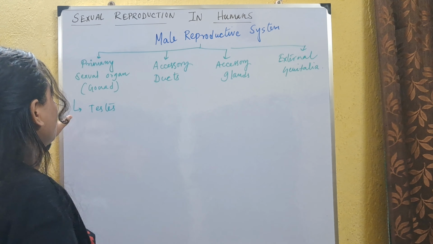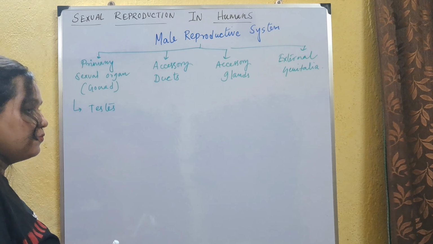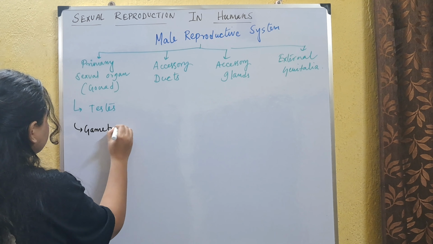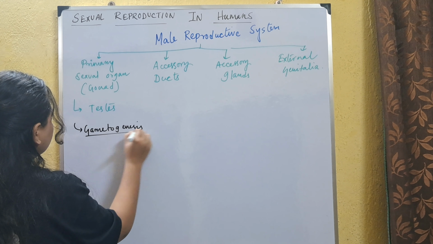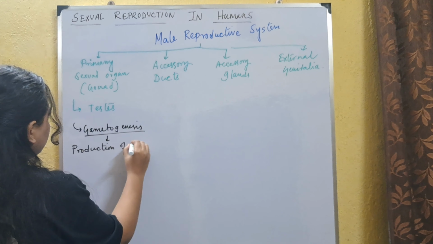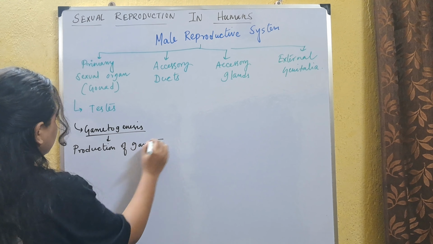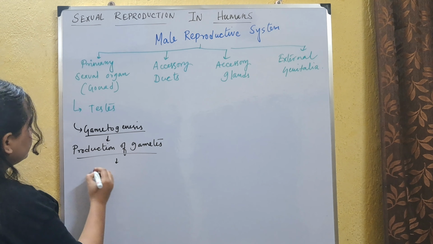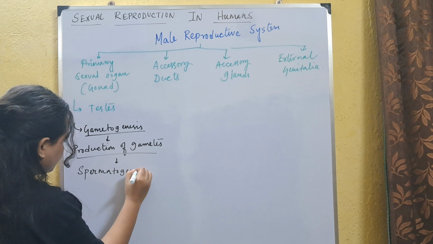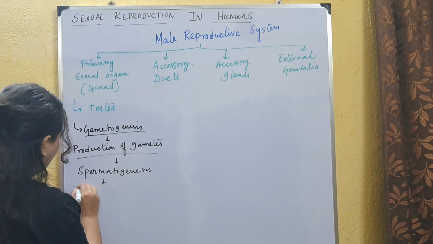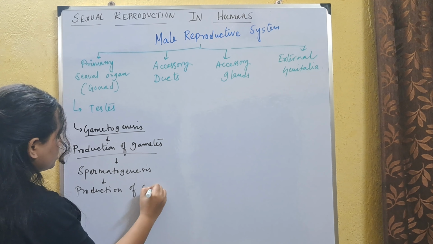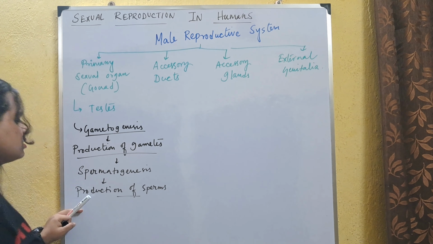Now, testes is the main or the primary gonad, which is the site for gametogenesis, that is the production of gametes. In case of testes, it is actually spermatogenesis, the production of sperms.